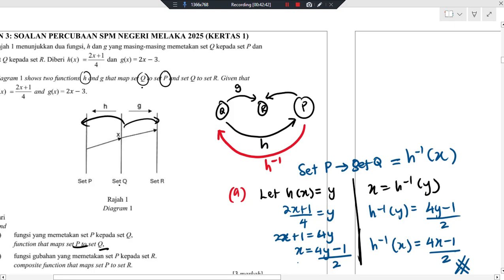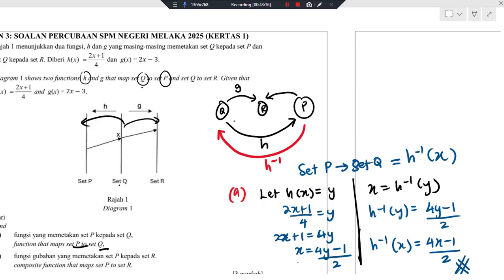No. Wait. How about we find G inverse, from H inverse we times in D. Tapi dia macam tak masuk akal lah. Kejap. So we have P to R.